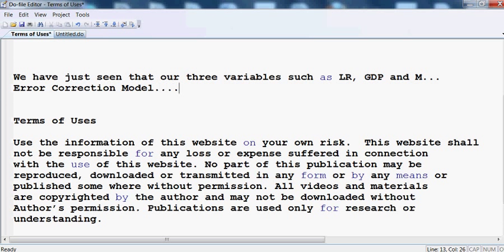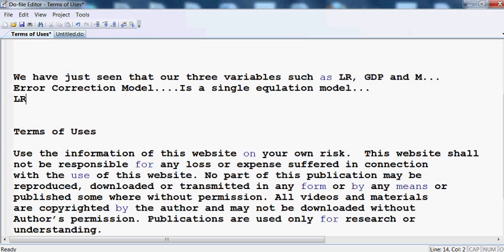And the error correction model is actually a single equation model that we shall be developing now. Here LR should be the dependent variable, and GDP and money supply would be the independent variables. So we can develop the model now.